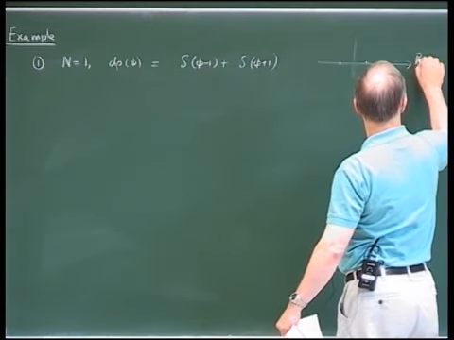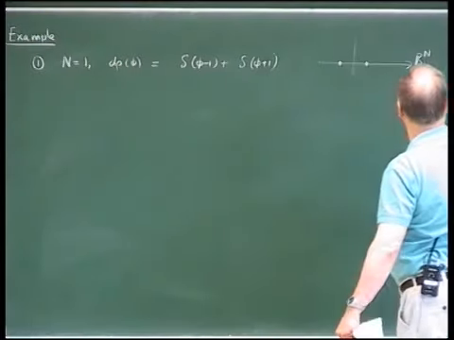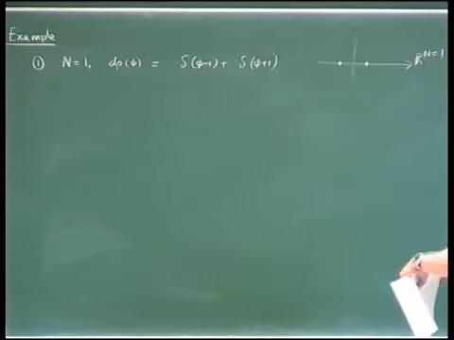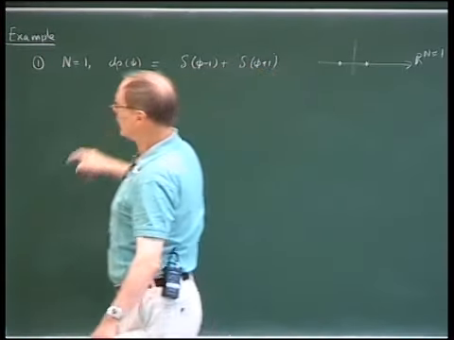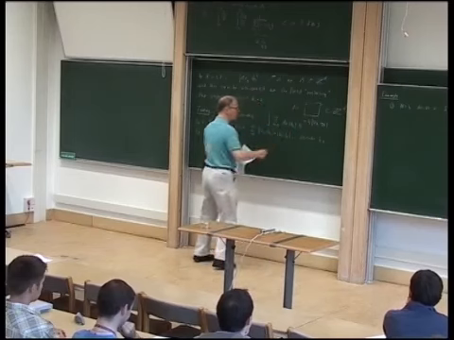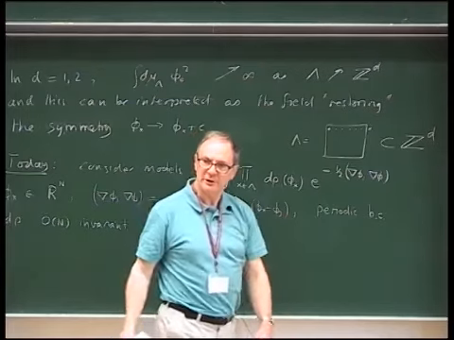This is R^N here. It's just 2 points. R^N is R^1. So if we take this measure and stick it in here, then phi only has the option to be +1 or -1 when you do the integration. You get the Ising model.